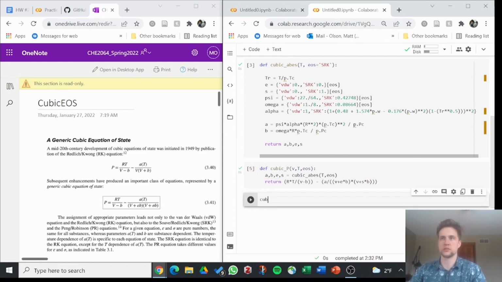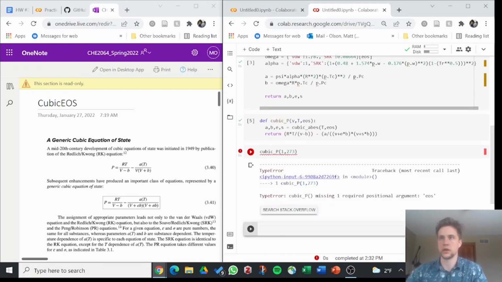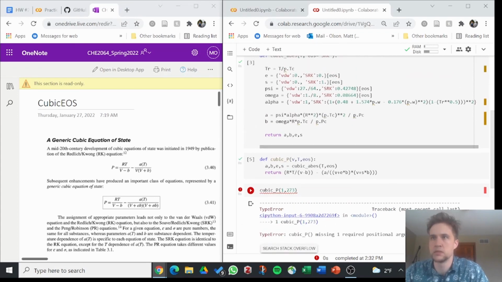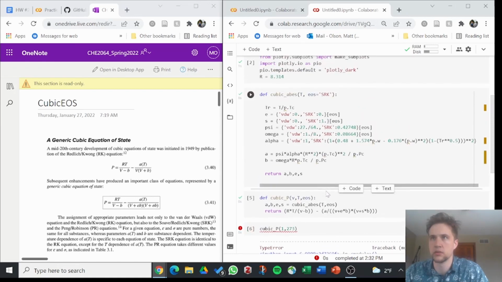Okay. Now let's go ahead and see what happens when we, let's just set, let's say 1 cubic meter and at the freezing point. Okay, it still doesn't like it, so I am missing something with what I'm doing here. Equation of state.